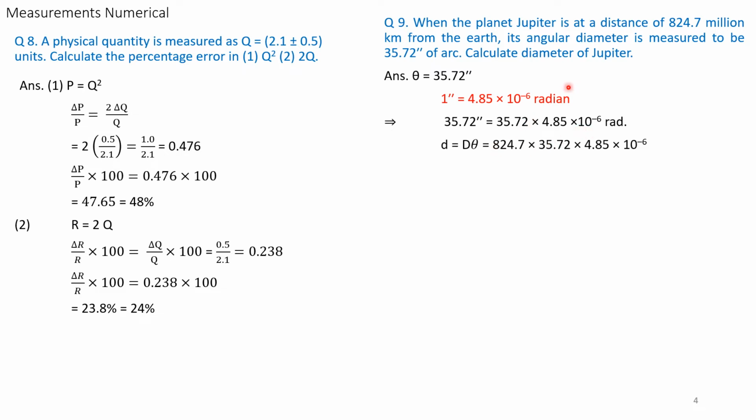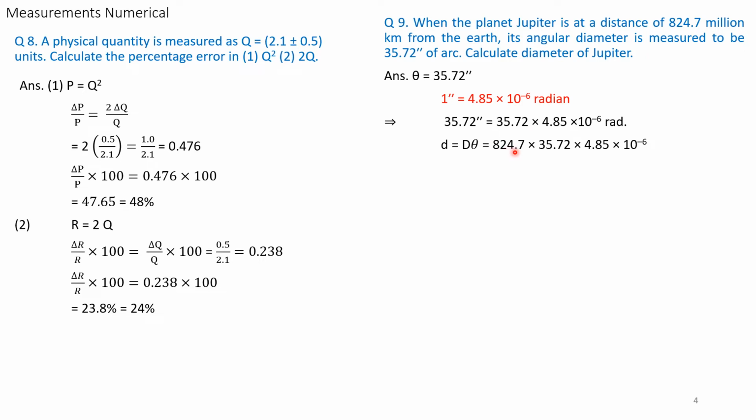And we also know the diameter d is equal to capital D theta, where d is the diameter of Jupiter, capital D is the distance of Jupiter from Earth, and theta is the angular diameter. Capital D is given as 824.7 million kilometers.